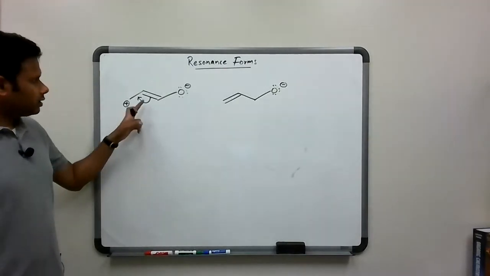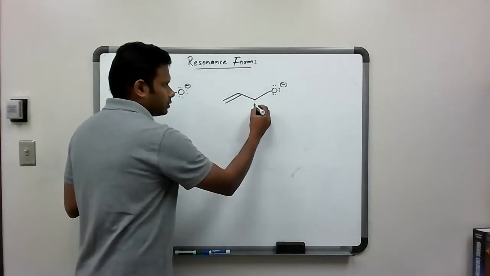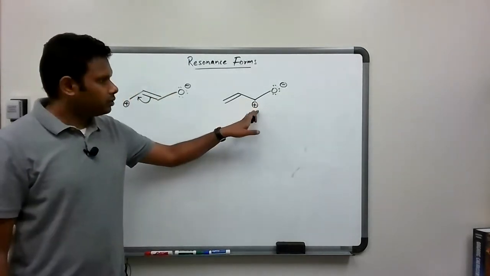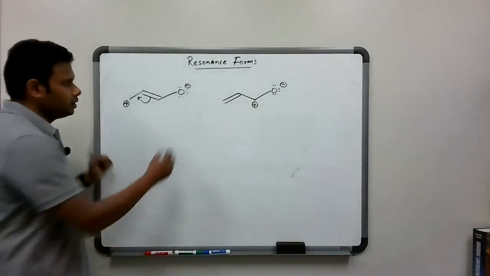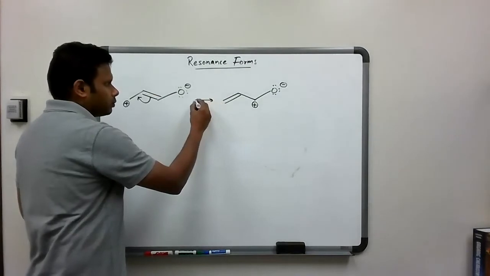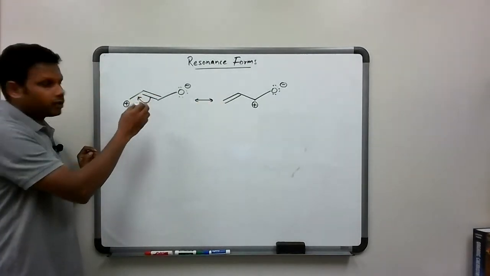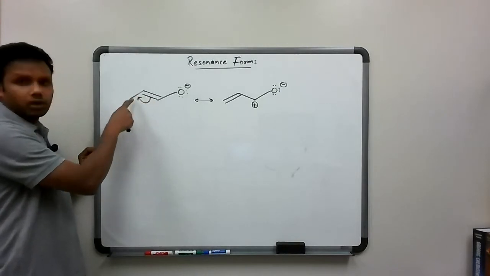Okay, and when we do this arrow push, the positive charge also moves. The formal charge is now on this carbon that's next to the oxygen atom. So these are both resonance forms. I took the electron pair, the pi bond here, and moved it to the space between these two carbon atoms.